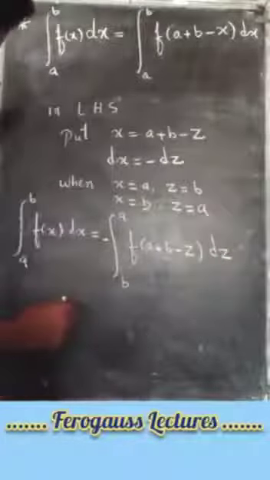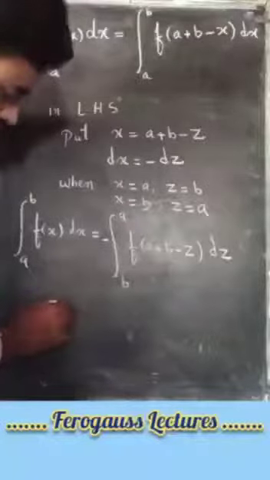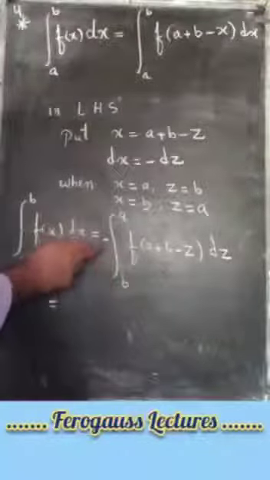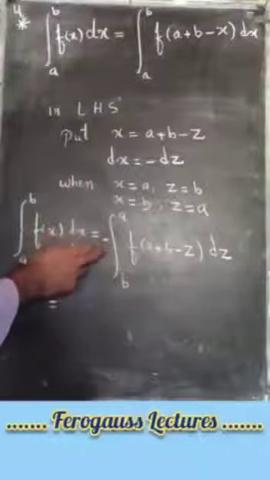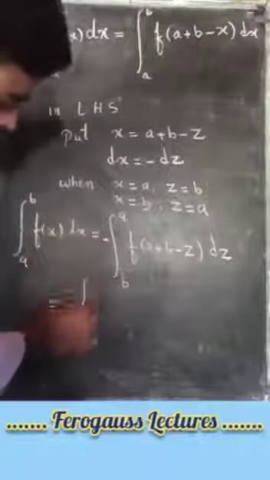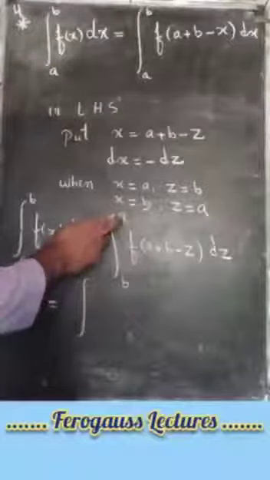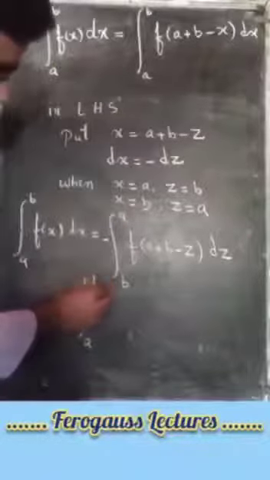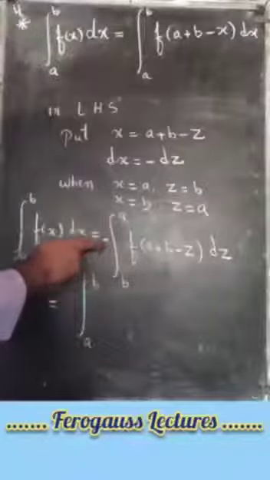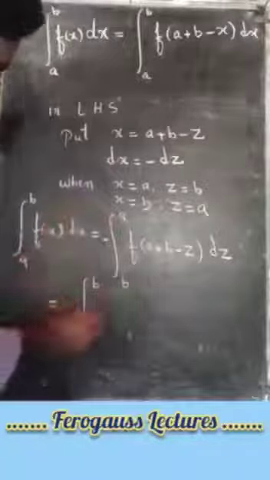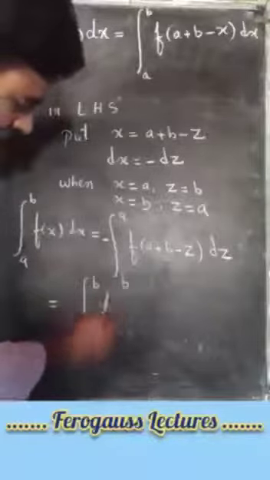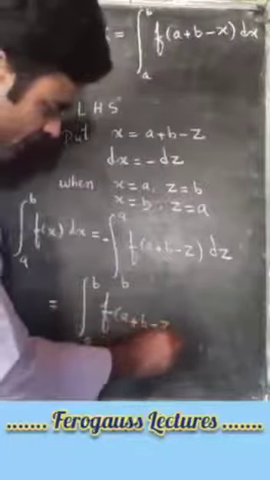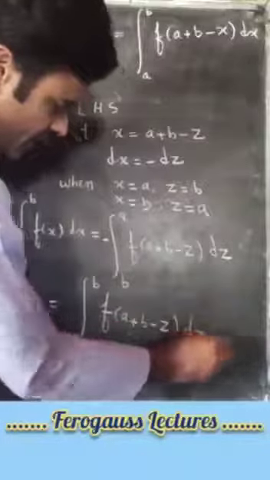That is further equal to, now if we interchange the limits, then the sign of the integral gets changed, so we consider the upper limit as lower limit and lower limit as upper limit, then this minus sign gets changed into plus sign. And we have f of a plus b minus z dz.